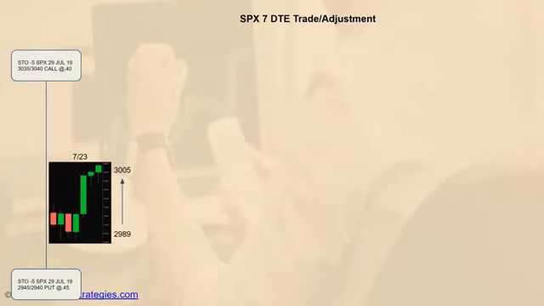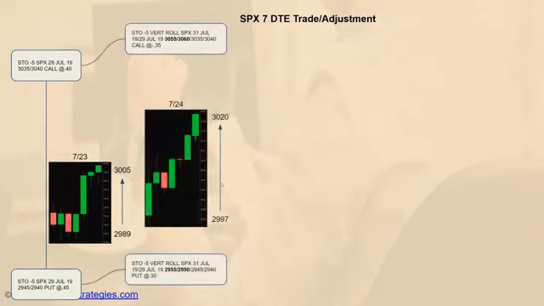On the very next day, the market jumped up quite a bit, and it threatened the call side of the trade. I looked very quickly to see, first of all, if I can adjust the trade within the same expiration period.